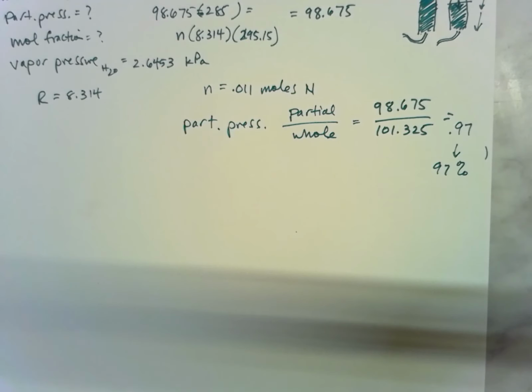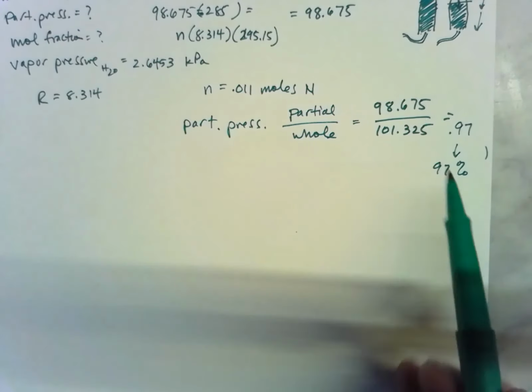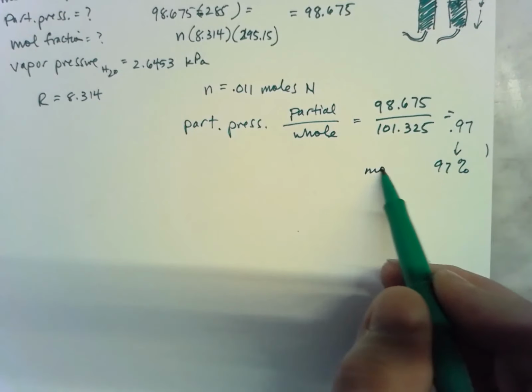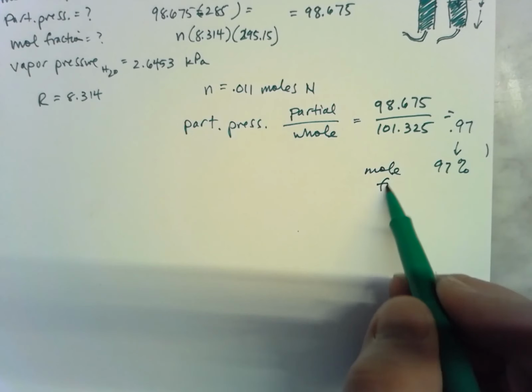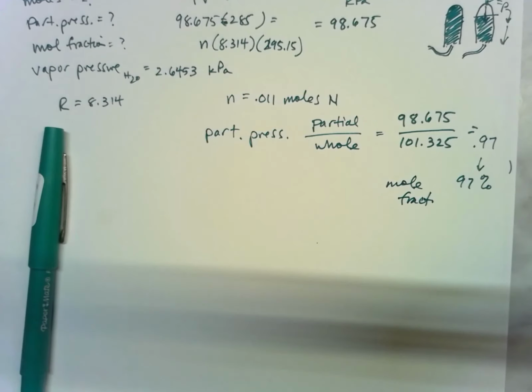Mole fraction. Okay. Wait a minute. This is actually the partial pressure. Sorry. This is the mole fraction, or mole percentage. Okay. Again, let me make sure I'm not going off the rails there.